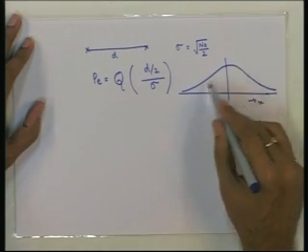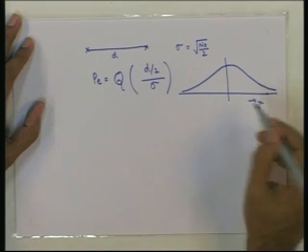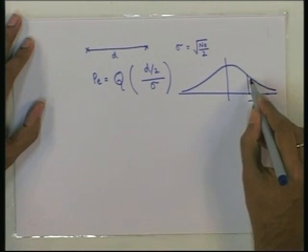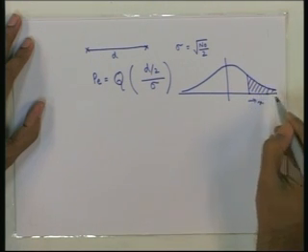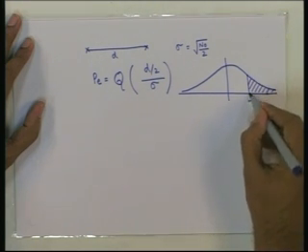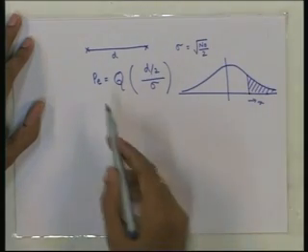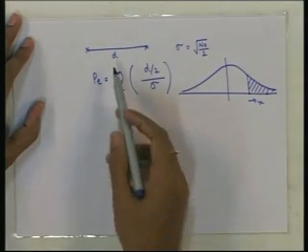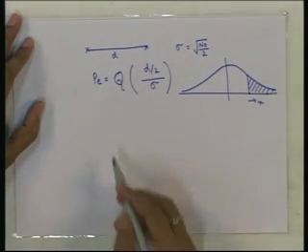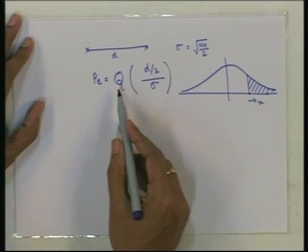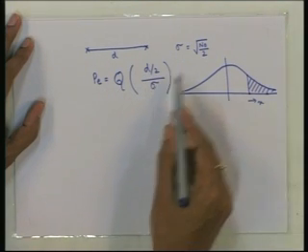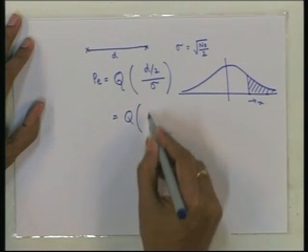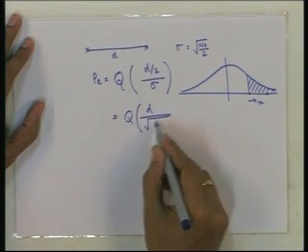If you take a Gaussian PDF of 0 mean and unit variance and take a point here, then this area is the value of the Q function at this point. This is the probability of error for the binary modulation scheme, and we can replace sigma by this, and write this as Q of d by root over 2 N naught.